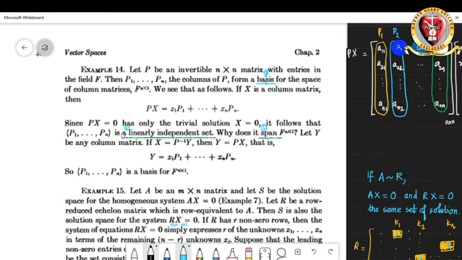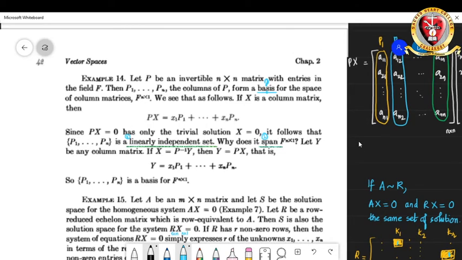Since Px equal to 0 has only the trivial solution, why? Because P is an invertible matrix, X is equal to 0 since it is homogeneous. It follows that P1 etc. Pn is a linearly independent set. Definitely. So Px equal to 0 means all the coefficients are 0. So you get the property of a linearly independent set.